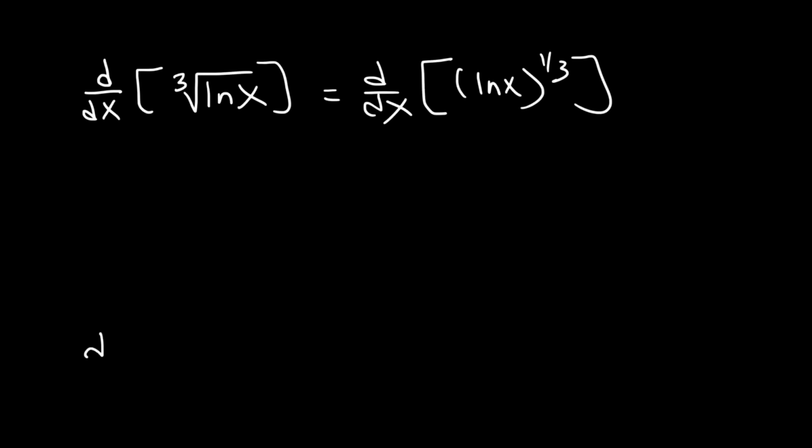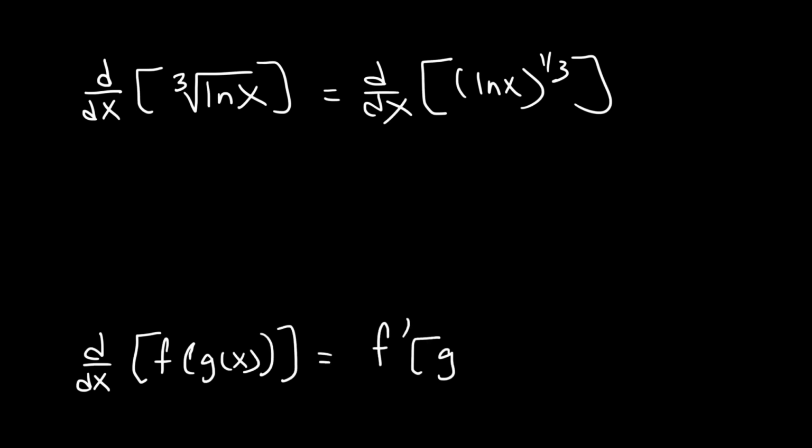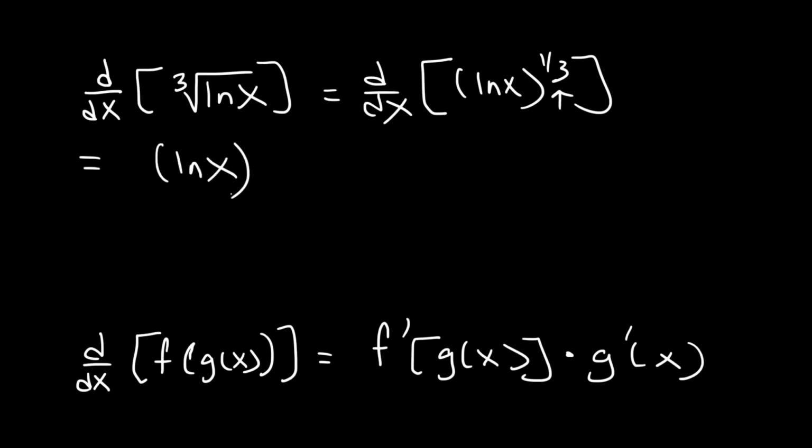And let's say you want to differentiate a composite function, f of g of x. You need to differentiate the outside part of the function, keeping the inside the same, and then multiply by the derivative of the inside. So that's the basic idea behind the chain rule. So to use that, let's use the power rule. Let's focus on the outside part of the function. Let's keep the natural log, the inside part, g of x, the same. So using the power rule, the exponent will go to the front.